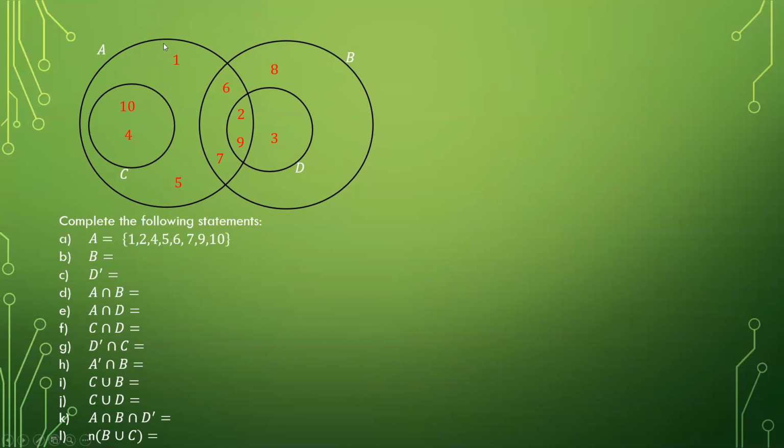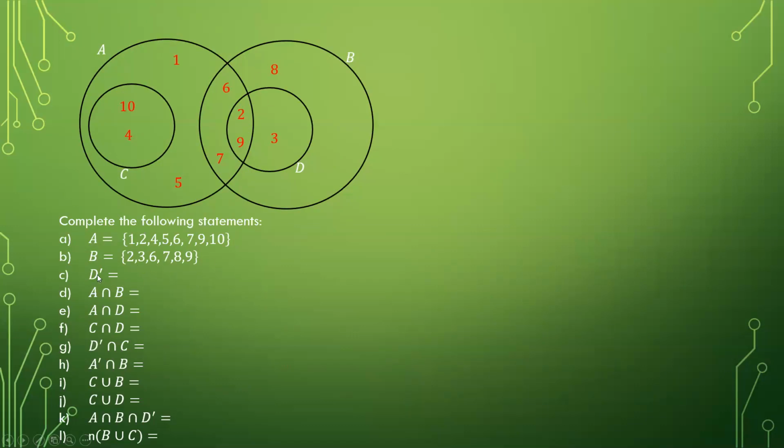Basically it will be from here, the whole circle of A, including the small circle here, because this C is actually part of A. So A has to be 1, 2, 4, 5, 6, 7, 9, and 10, right? So that will be totally from all the circle here. For B will be the total circle here. That means 2, 3, 6, 7, 8, 9.